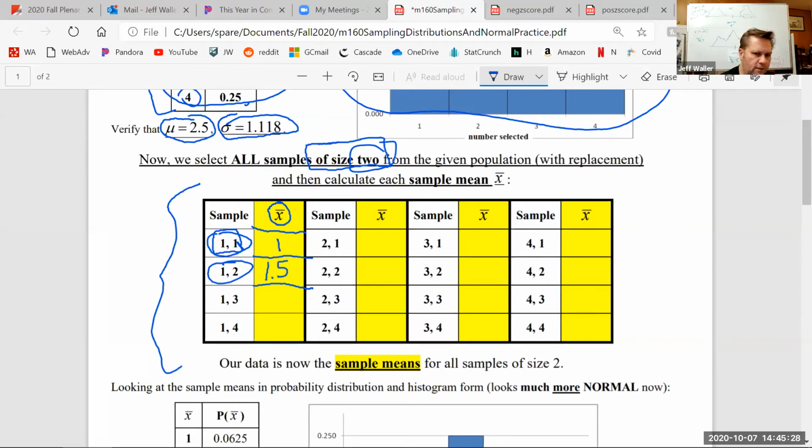So I'm just averaging each possible sample that I could get. The average of 1 and 3 is 2. You'll see a pattern emerge. See how it goes up by half each time? The average of 2 and 1 is the same as the average of 1 and 2, which is 1.5. And then it goes up a half, and a half, and a half.